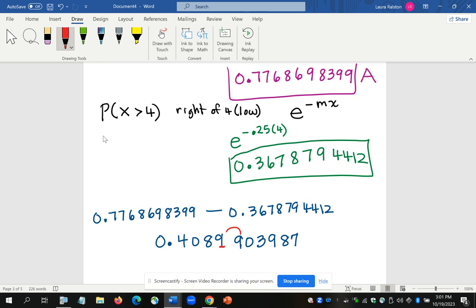So it's going to bump it, but when that 9 gets bumped, it bumps to 8. So this will become 0.4090 if you round it to 4 places. Again, that was a little bit trickier and it takes longer because you have to do both the left and the right.